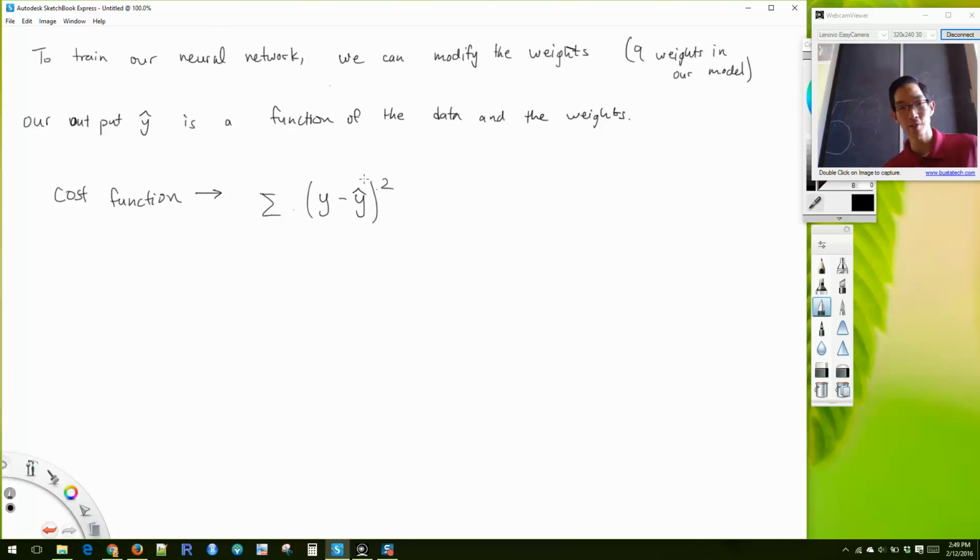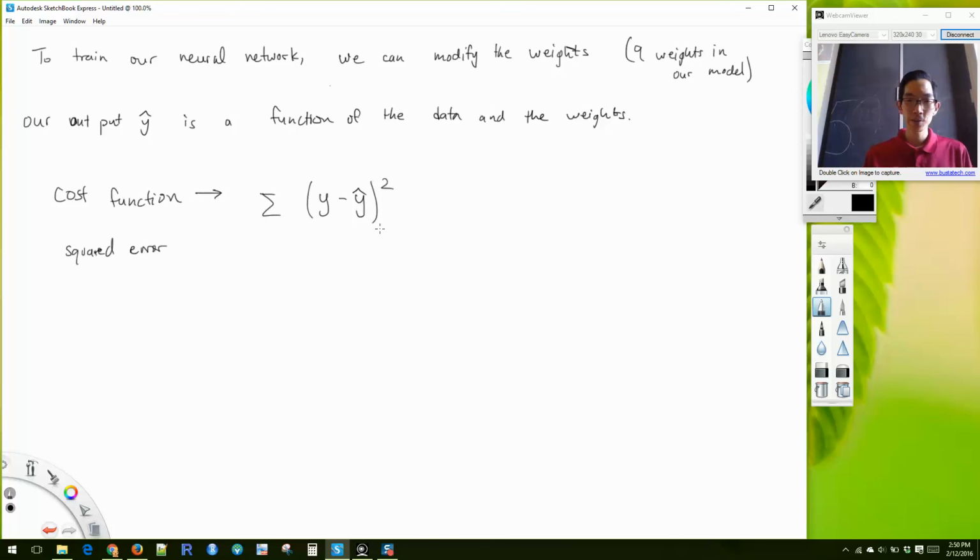So this is just like our squared residuals almost, squared error. We often like to use squared error for cost functions because quadratics are convex, which makes searching for maximums or minimums easy. But if you wanted to choose a different cost function, that's fine.